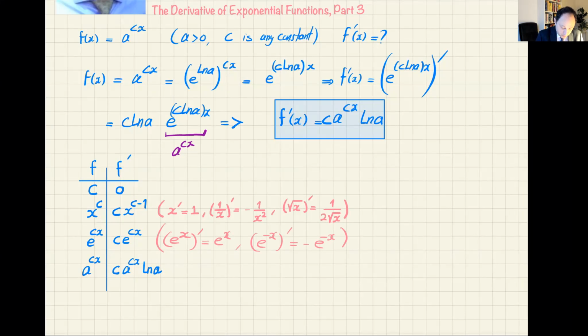Okay, so here also, if I ask you what is the derivative of this, this becomes a to power x ln of a. And if I have a to power minus x prime, this becomes minus a to power minus x ln of a. So here, I emphasize that a is positive, and c is always a constant. So c in this table is a constant.